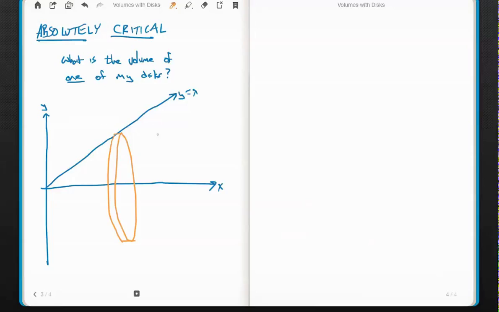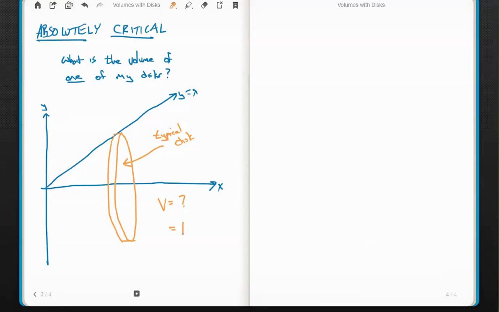So I'm going to just call this a typical disk. And it is critical to know the volume equals what, right? Well, I know the area of a disk, right? The definition is the area of the base times the height.